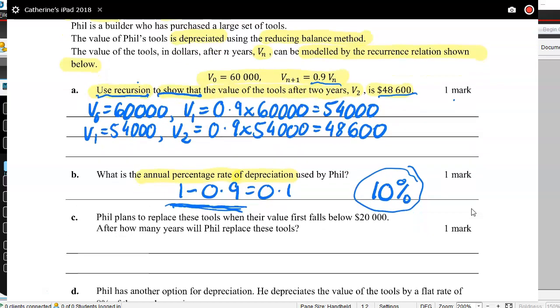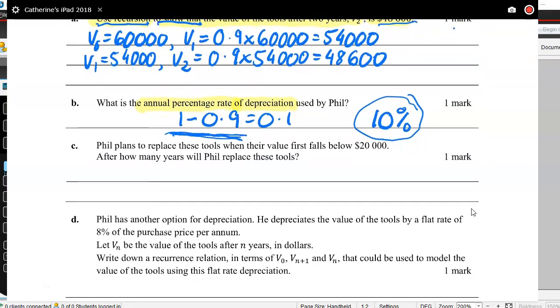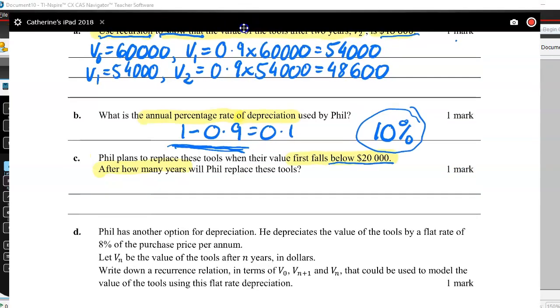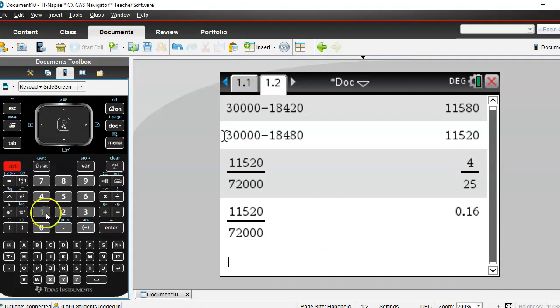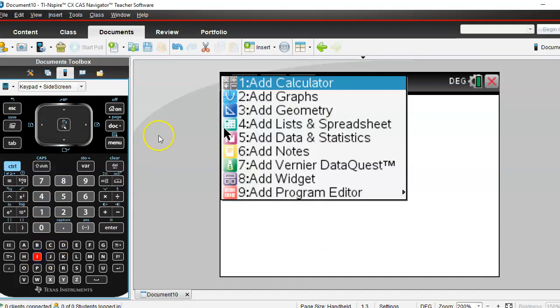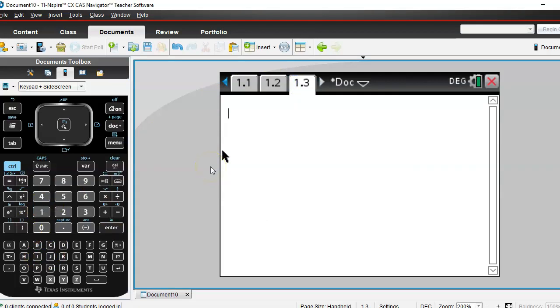Okay. So Phil plans to replace these tools when their value first falls below 20,000. After how many years will Phil replace these tools? Okay. So a couple of things you can do here. When I did this solution, one way I did it was I used a new page again and used my solve.